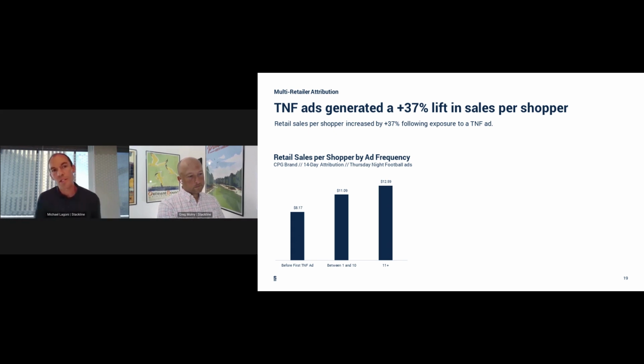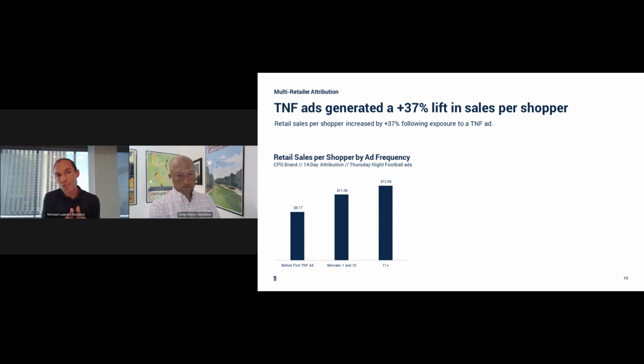The other way that we looked at the data for this particular client is, did the amount of retail sales that you generated from each shopper increase as those consumers engage with more media? So what this chart really highlights is it isolated down to the group of consumers that watched Thursday Night Football commercials that featured this client's products.